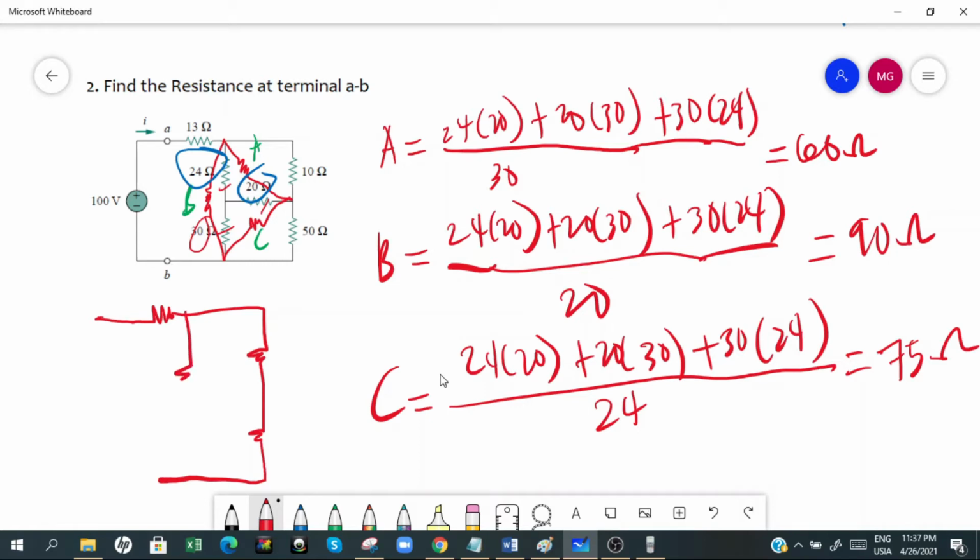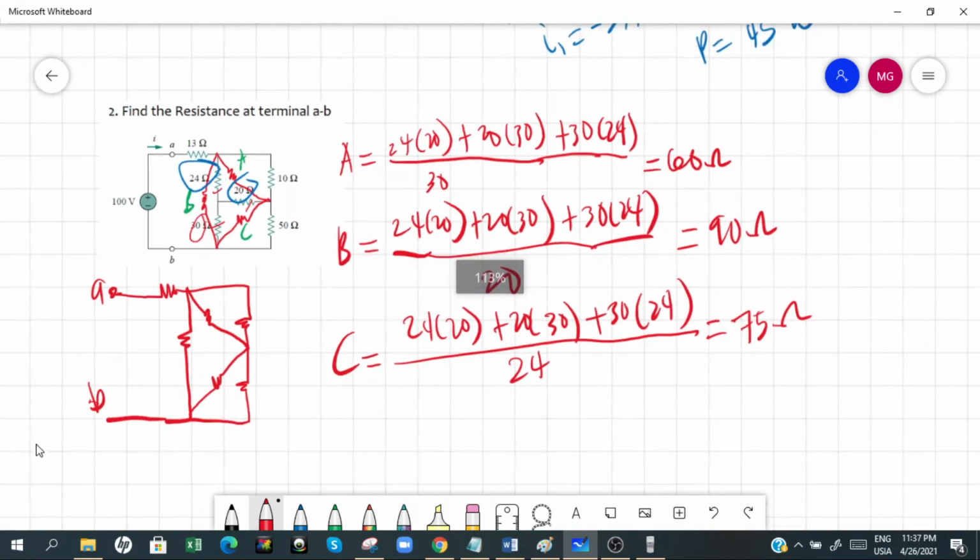And this one is another resistance, and here is another resistance. So this is A, this is B. Okay, so that's how it will look now.